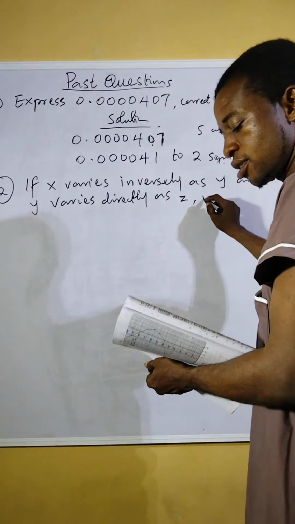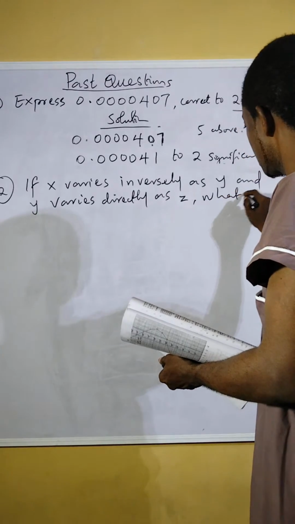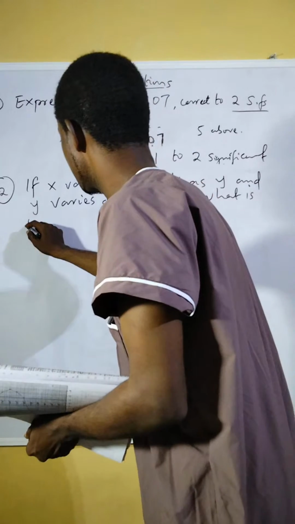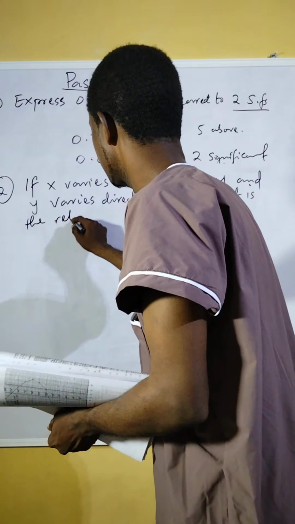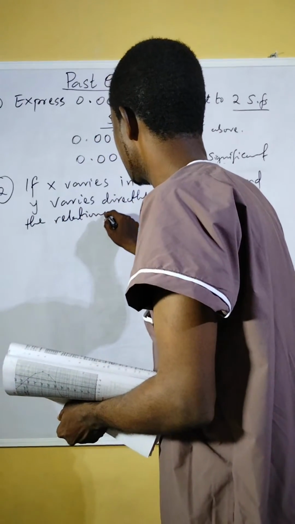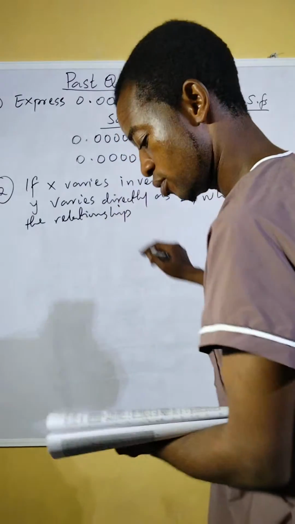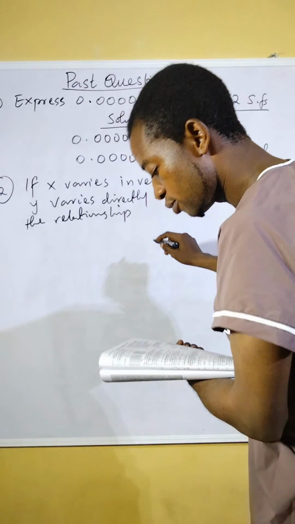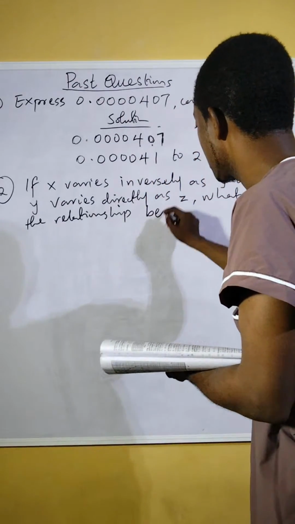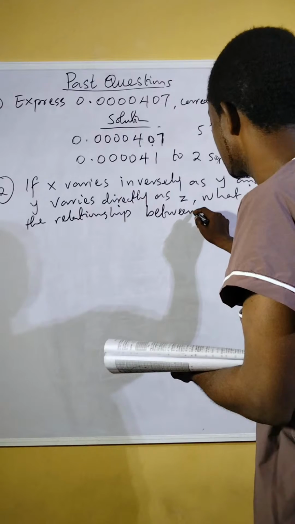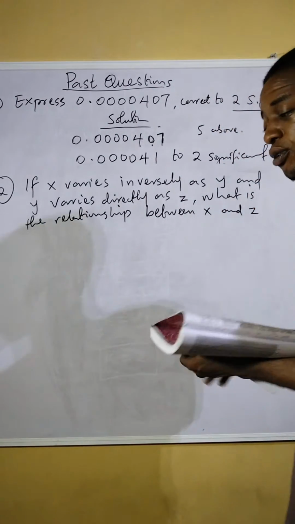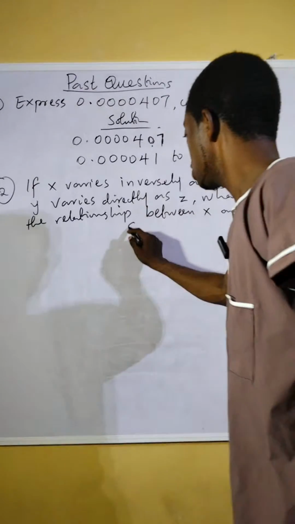Now, the question says, what is the relationship between x and z? Now, this is on variation.